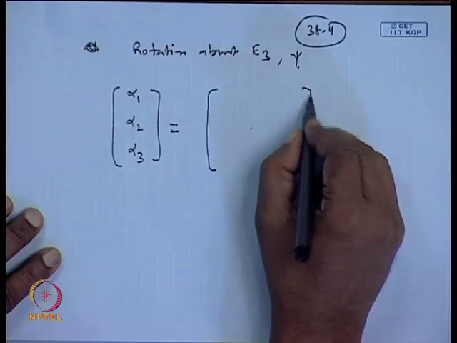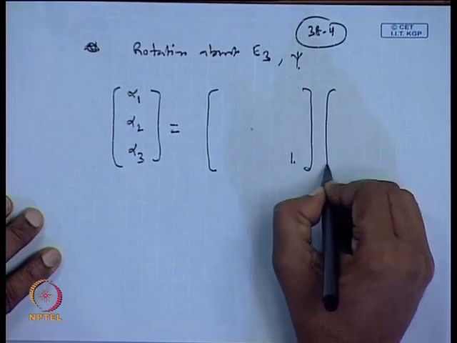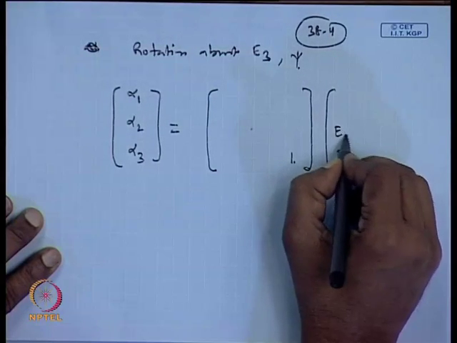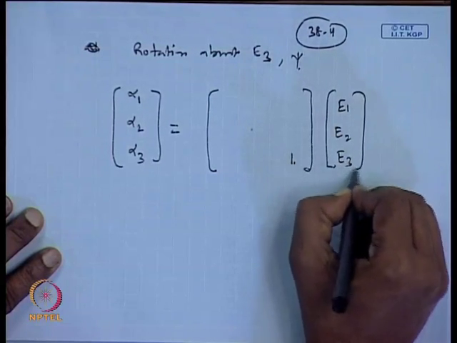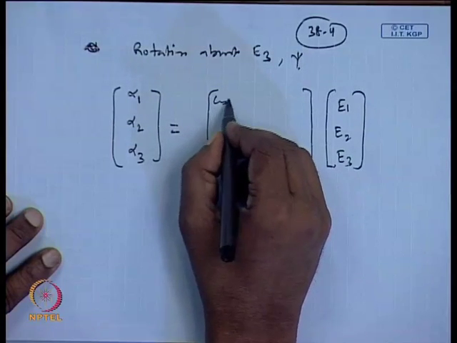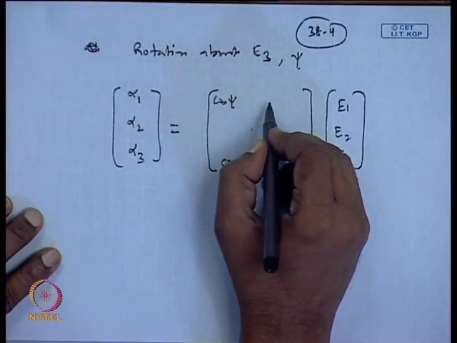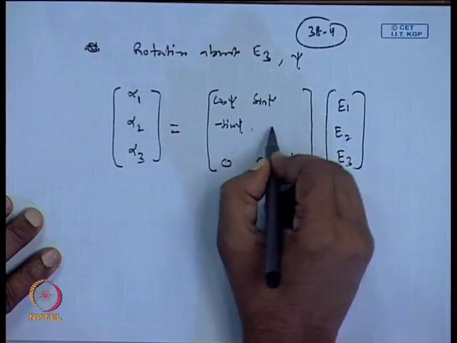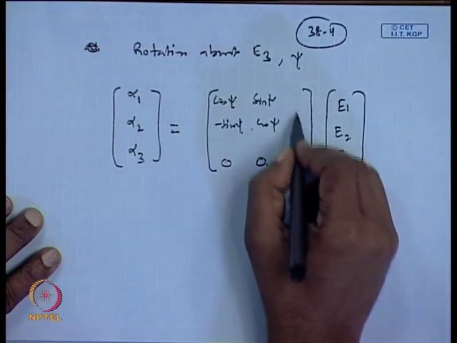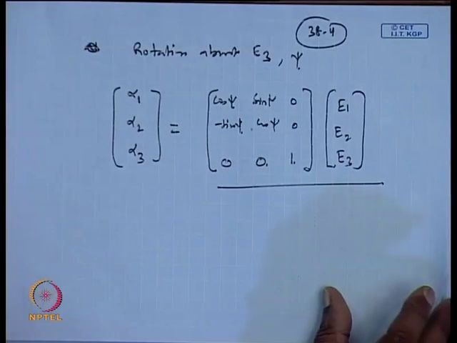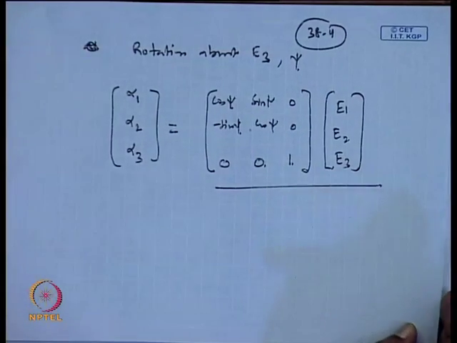So, we are rotating about E3 now. So, this remains unchanged and the rest will change. So, we will write here cos psi, minus sin psi here, cos psi, 0, 0. Okay, so, you can check this, this is very simple, you do it as an exercise yourself.